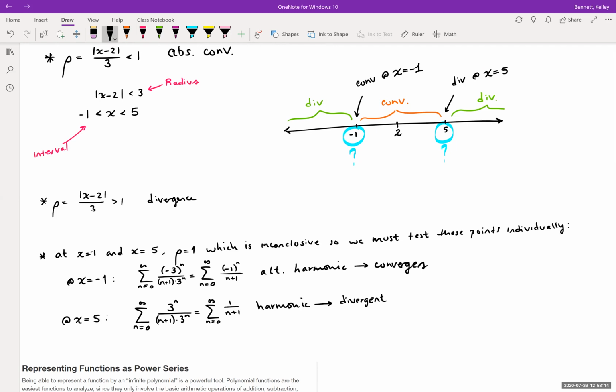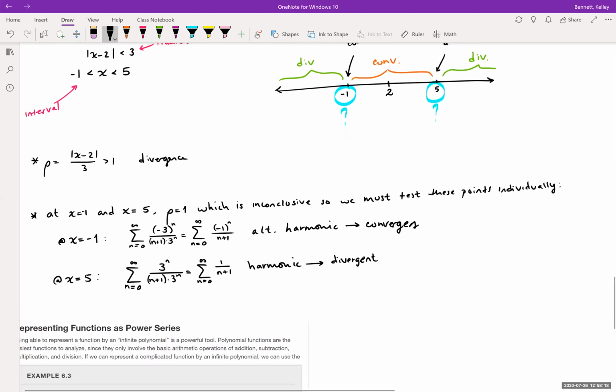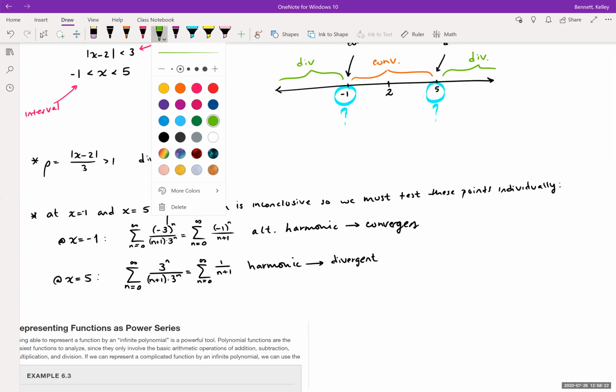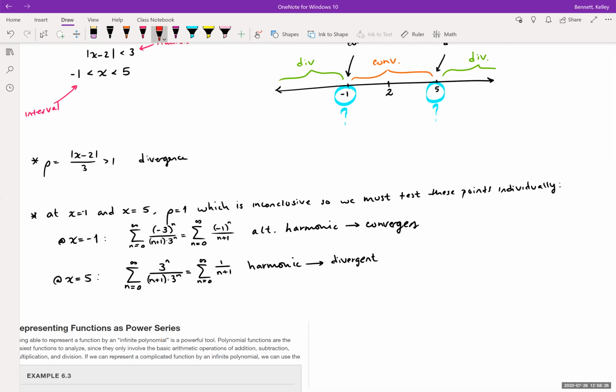So now we've tested everything. What we can say then is our radius is still 3, but our interval is going to now include -1, but it will not include 5.